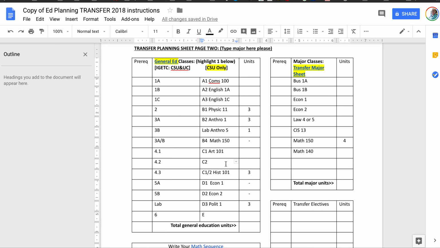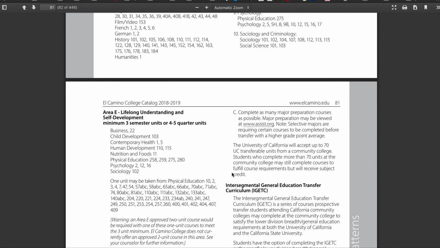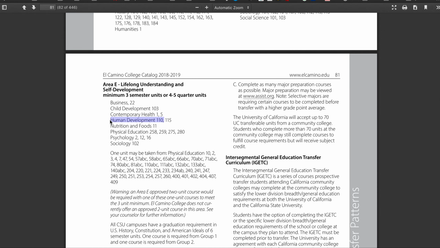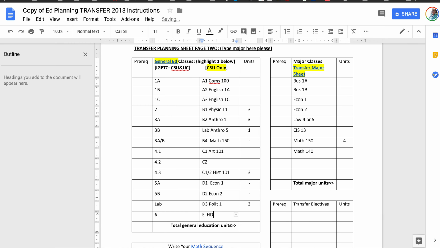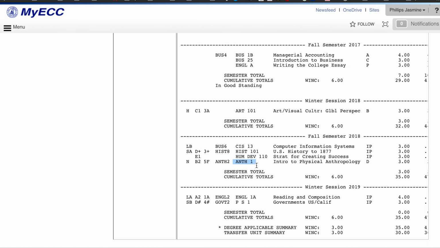So you just need to pick a C2 class, and then Area E is Human Development 110. Area E, 3 semester units. Area E, lifelong learning. So that's HD 110, and look that up and then look up the prerequisites.